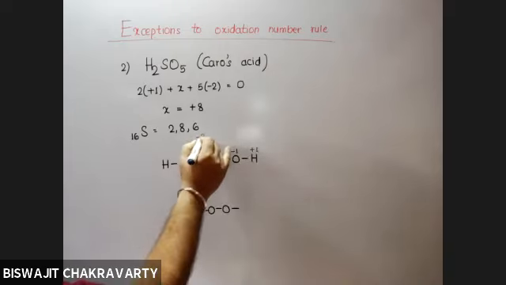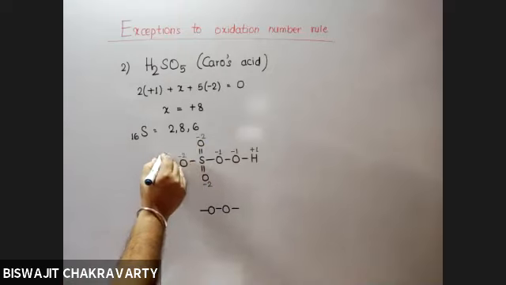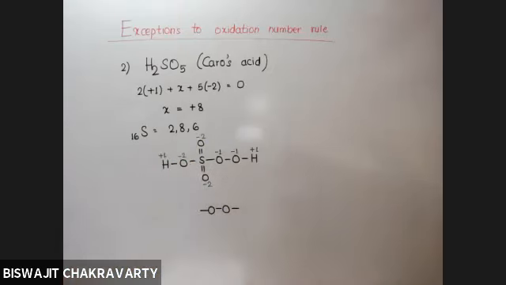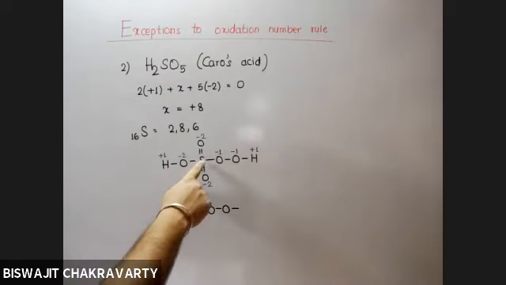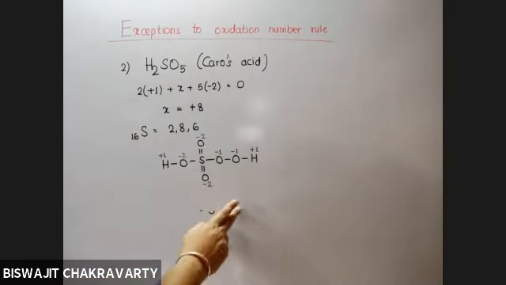All other oxygens are normal. Now you calculate all different values surrounding the sulfur, and on the basis of all these elements, tell me how much is sulfur coming out. +6.